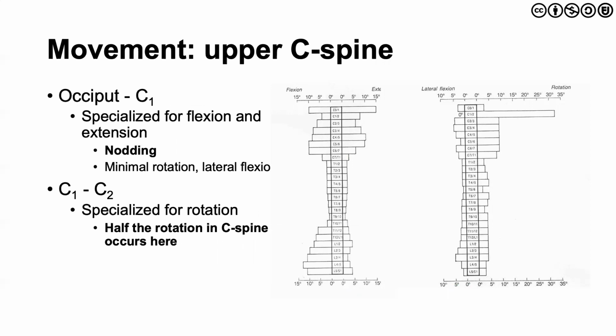We've talked about these concepts already, and you can appreciate just how much rotation is actually coming from C1 and 2, as well as how flexion extension is really specialized in the craniovertebral region, and then is contributed to somewhat evenly but unequally throughout the remainder of the lower cervical spine.